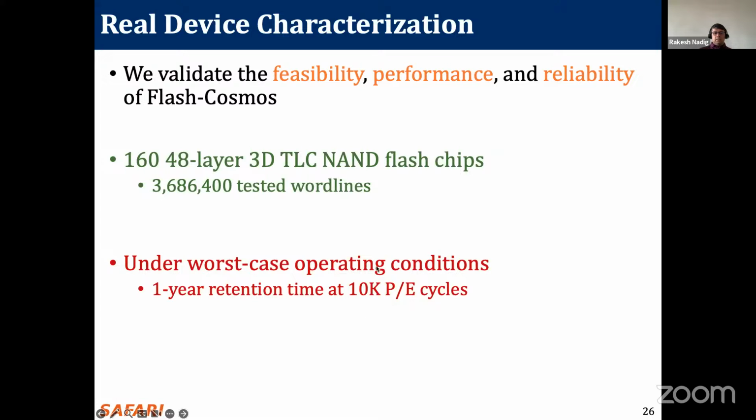And all this happens at 10K P/E cycles, which means that 10,000 program and erase cycles have already been done on the block.